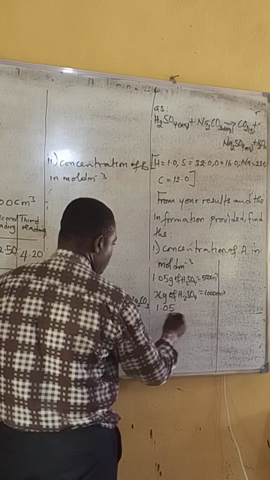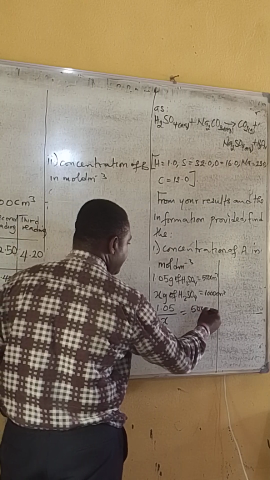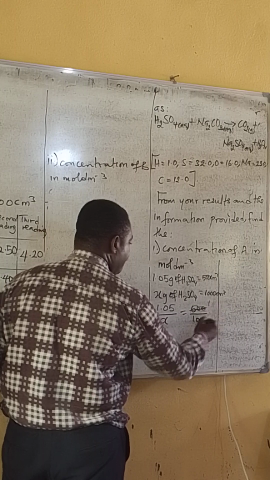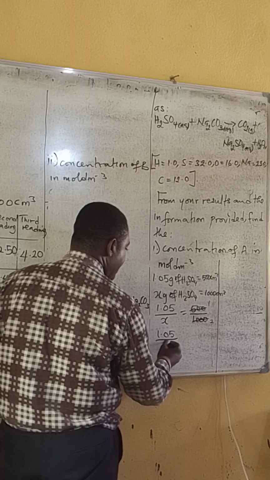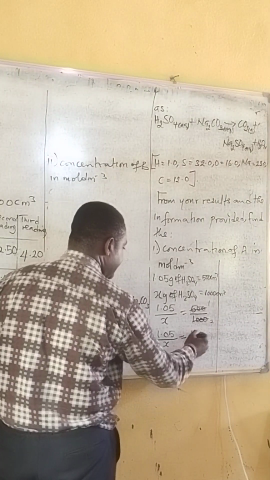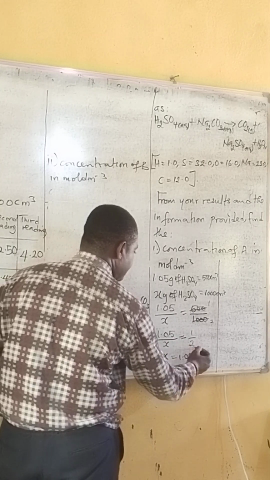1.05 over x is equal to 500 over 1000. So 500 in 500, 500 in 1000, 2. So we have 1.05 over x is equal to 1 over 2. We cross multiply. X times 1 is x. Then 1.05 times 2.